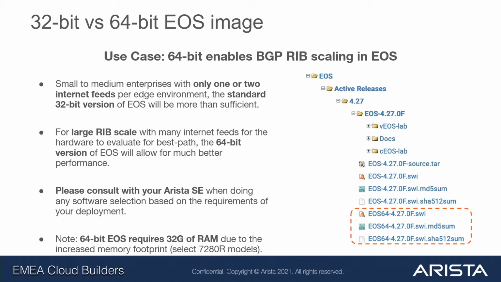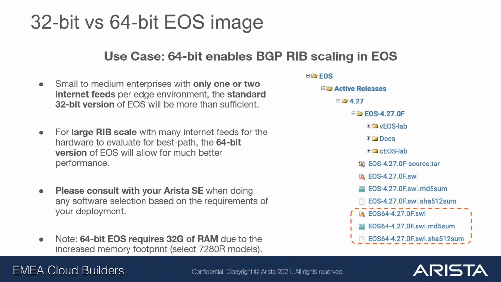The 64-bit image allows for a large routing information base, or RIB. So if you're downloading lots of copies of the internet routing table on some of our edge router platforms, the 64-bit image allows us to fit multiple copies into memory because of the larger memory footprint. Again, talk to your SE if you're not sure, but generally speaking, go for the 32-bit image.